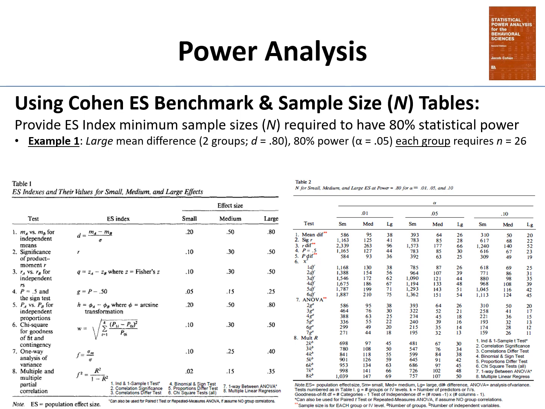So let's go back to example 1, which was expecting a large mean difference. You've got 2 groups, so you can be doing a t-test, probably an independent samples t-test. You want 80% power. You're going to keep alpha at 0.05. What is the sample size you need for each group? Well, row 1 of the table on the left shows us that the effect size index that we should use is Cohen's d.